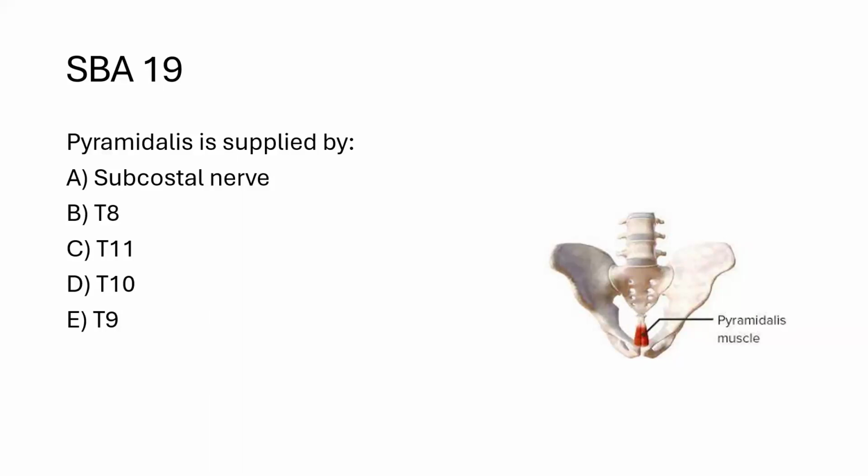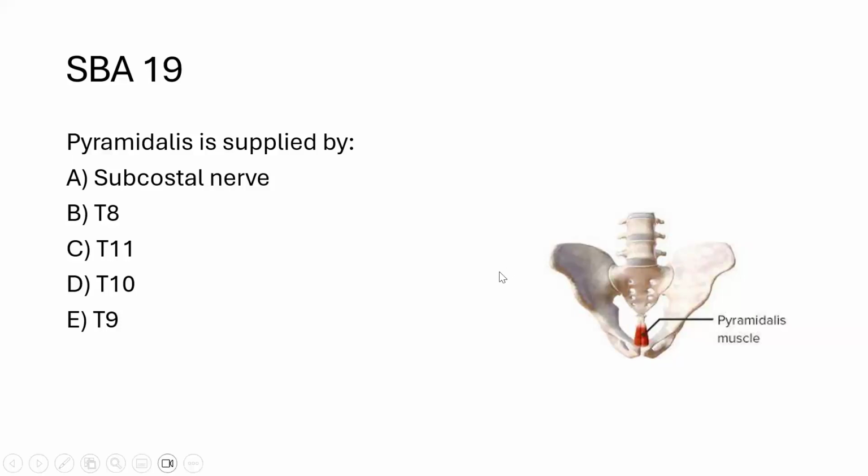Another important question for the pyramidalis is, what percentage of population have this muscle? 20%, as per RCOG data. Only 20% of the population have pyramidalis, right? Very unusual question, but it's a recall question of the RCOG exam.